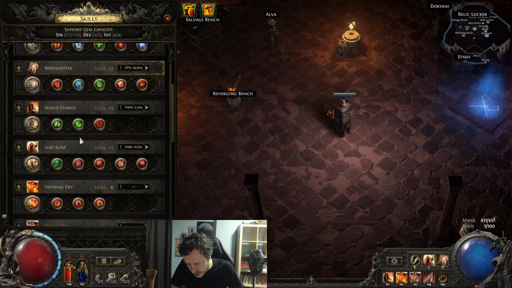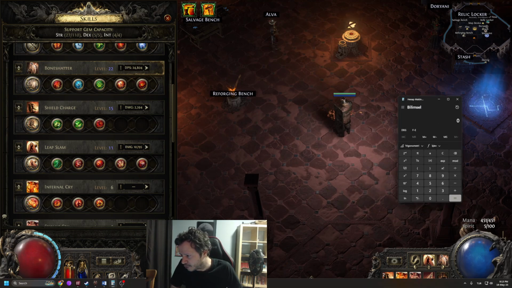So what's the difference between cooldown reduction percentage and increased cooldown recovery rate, right?